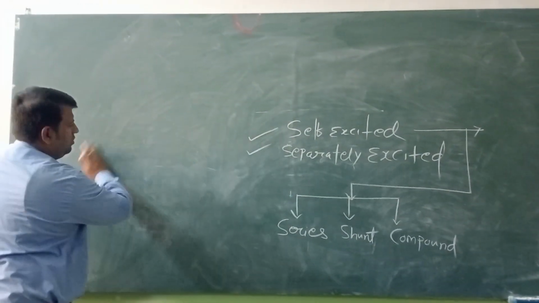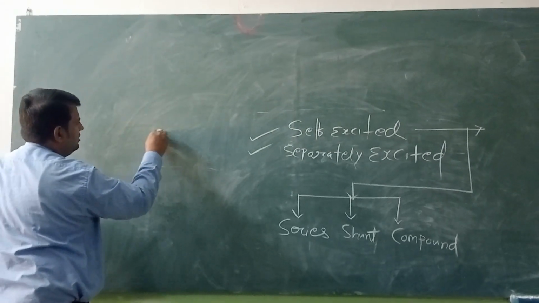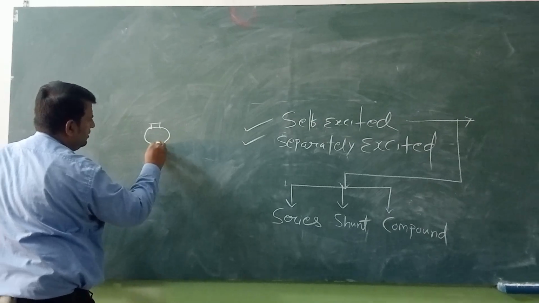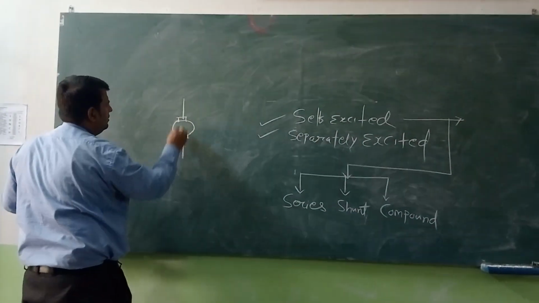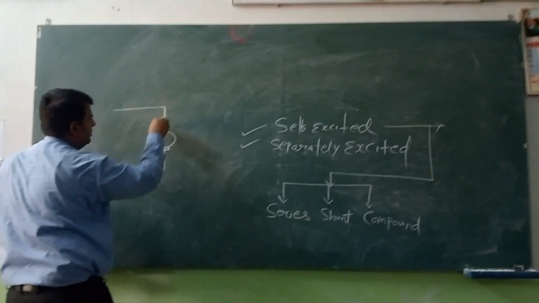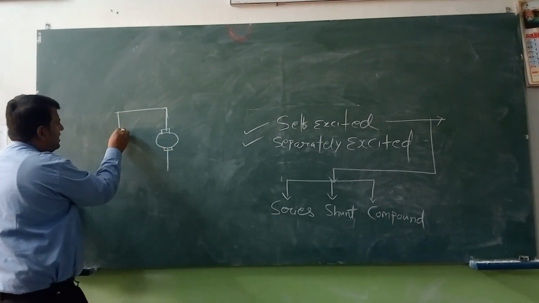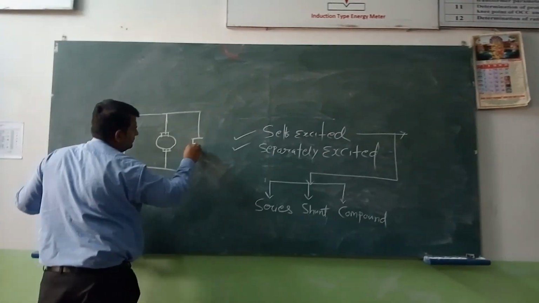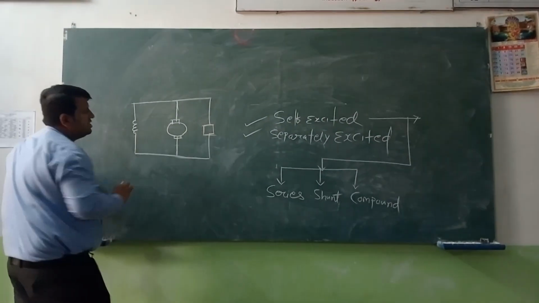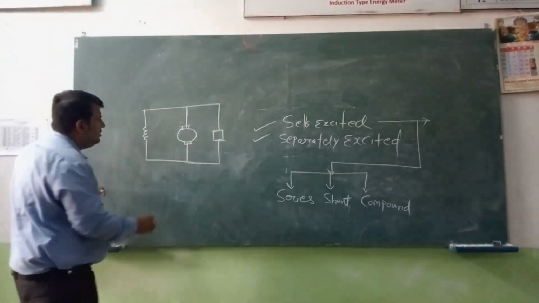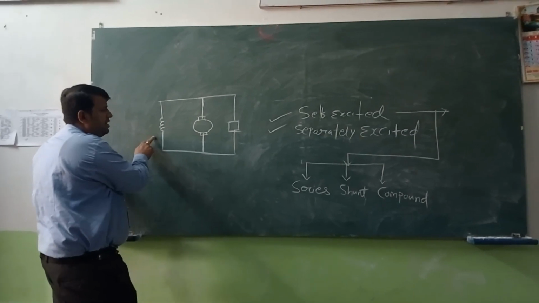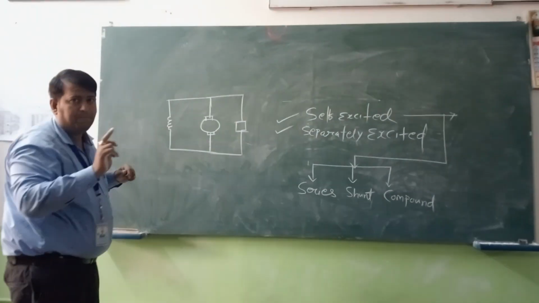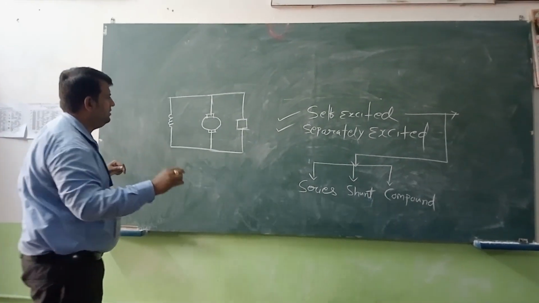So let me show. This is your armature winding. If it is connected in parallel with the field winding, then it is a shunt generator.